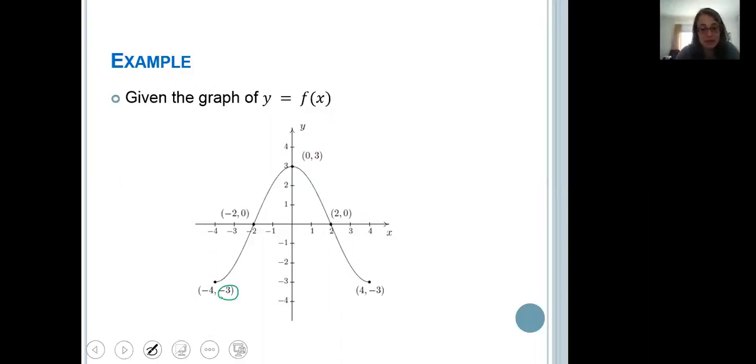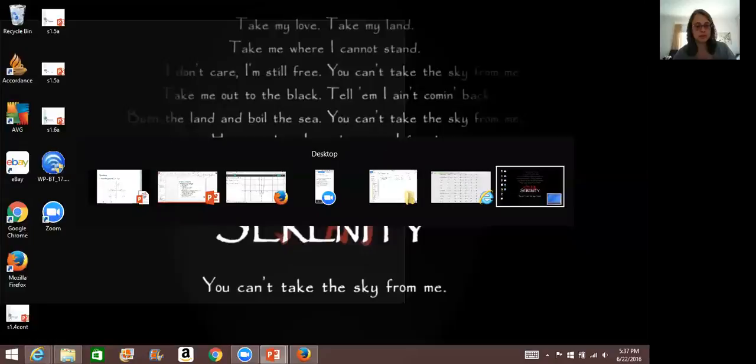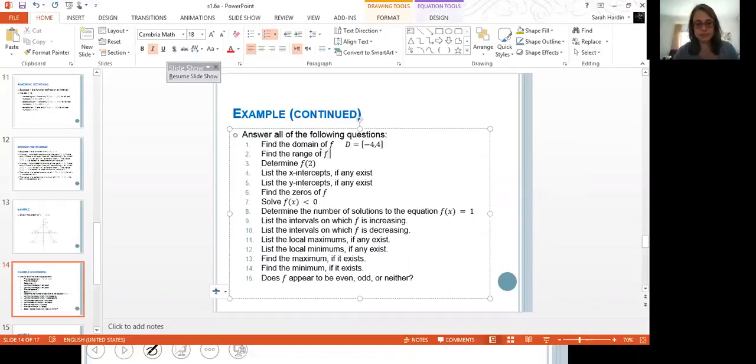What's my biggest y? 3. So my range is the interval, and again, both endpoints are included, from -3 to 3.